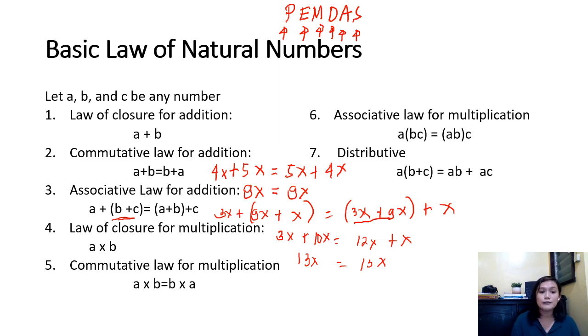Here we have the law of closure for multiplication. We have a times b. In our class or in college, we will not use x as the sign of multiplication. Why? Because some of the unknown values will be the letter x. So we need to make use of this expression here to represent multiplication. We have open parenthesis a, close parenthesis, times open parenthesis b, close parenthesis.